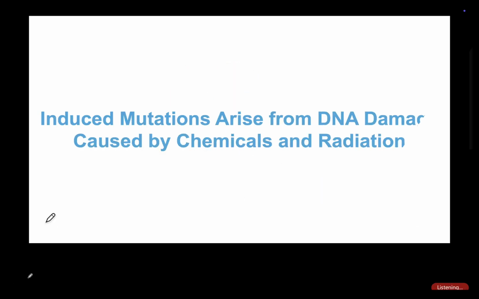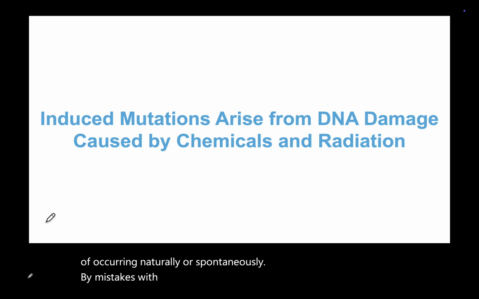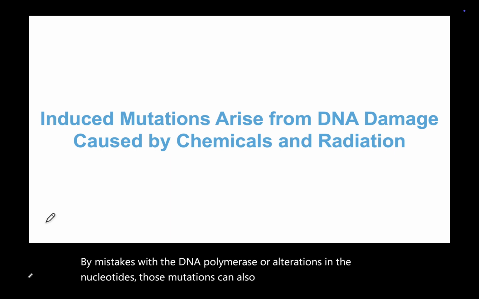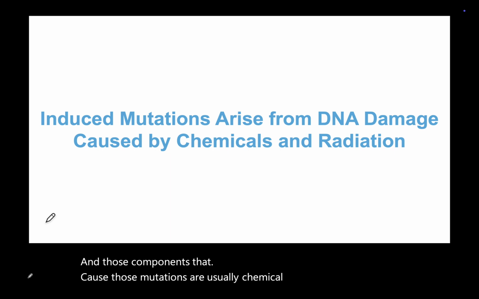Okay? As I presented before, besides mutations having the chance of occurring naturally or spontaneously by mistakes with the DNA polymerase or alterations in the nucleotides, those mutations can also be induced. Those components that cause those mutations are usually chemical components or radiation.